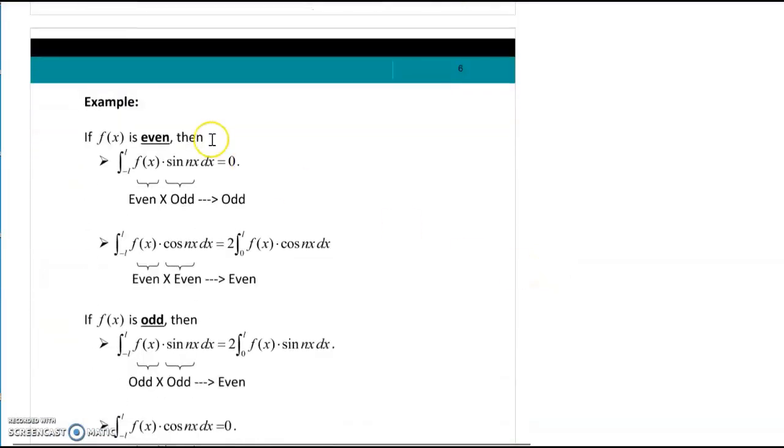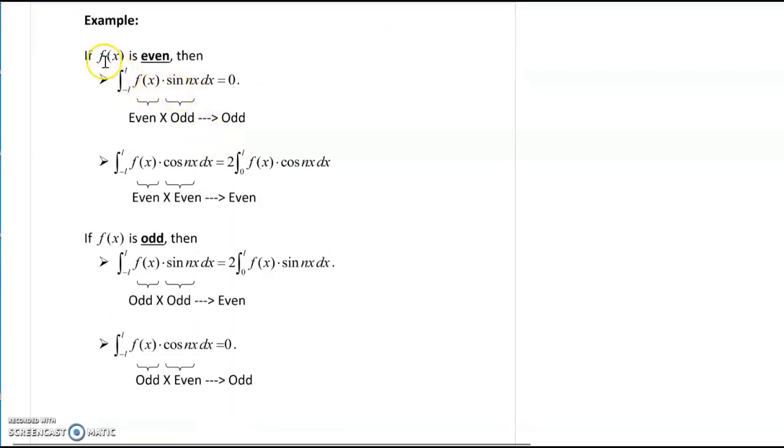Again, for the example illustration, suppose our f(x) is even, and in the integral we have f(x) times sine nx. We know sine is an odd function. Since this is even, we now have even times odd.